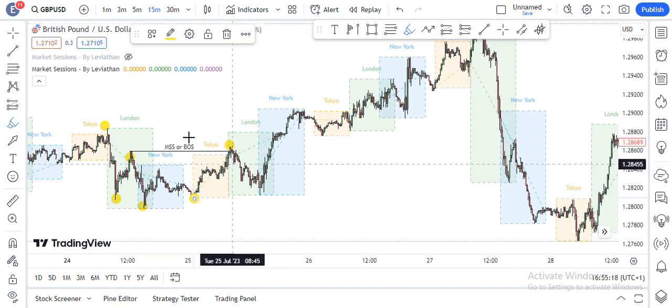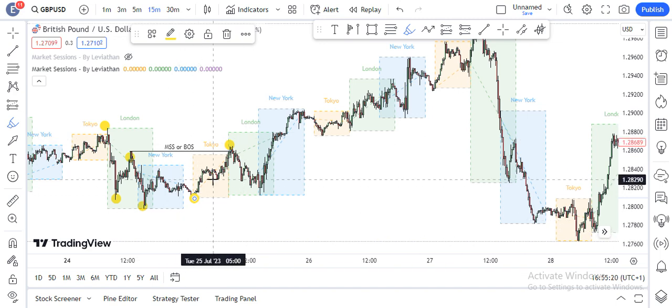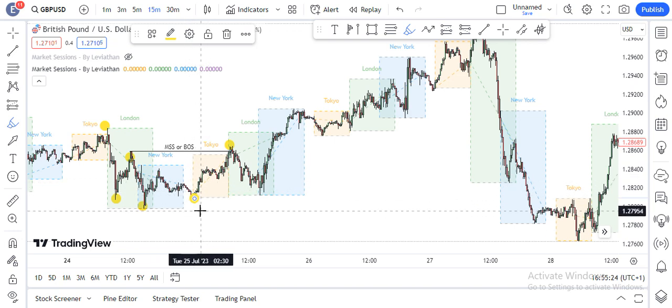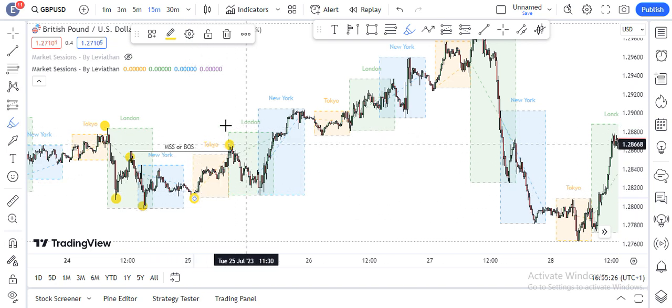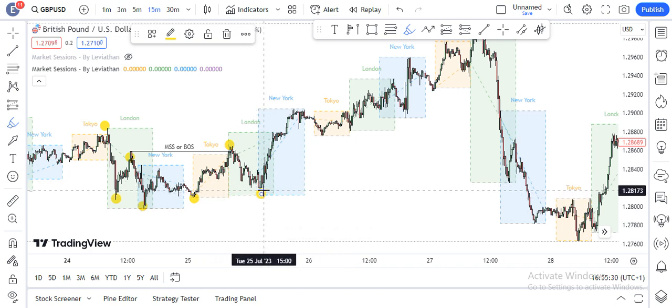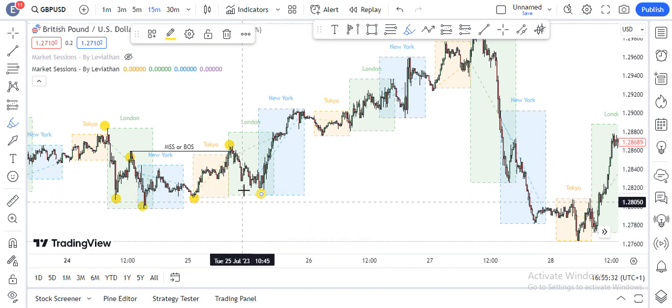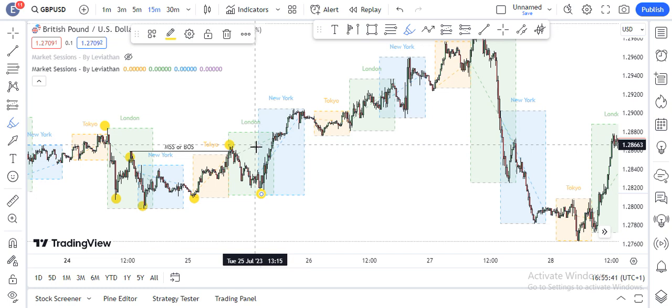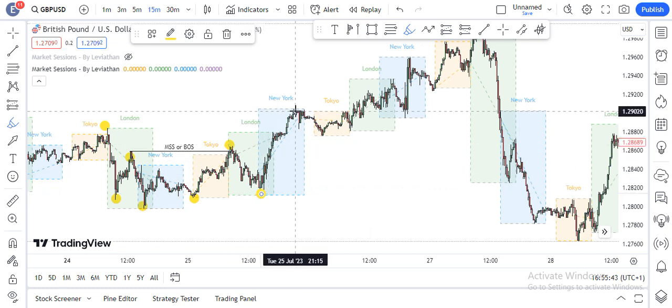You get it? So now in the new uptrend, this is what we're going to call a lower high, and this is what we're going to call a higher high. This low is relatively higher than this one, so this is what we're going to call a higher low. So we're going to have higher lows and higher highs.